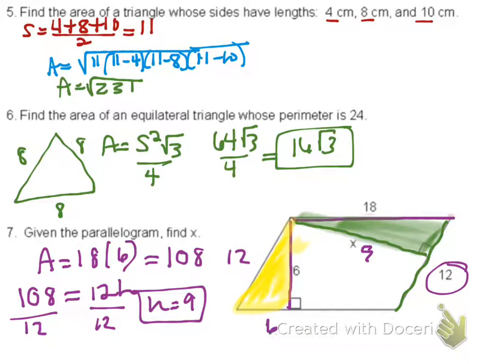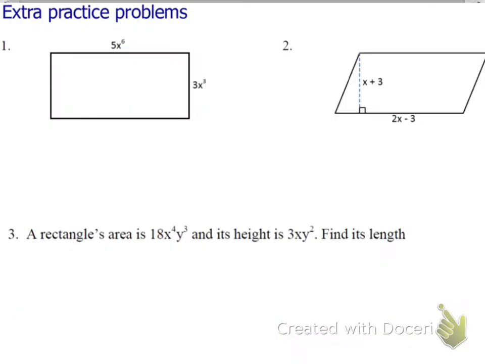So I could say 6 over 12 equals this height, which is 9, over 18. Sorry, it's not 9. We don't know that yet. It's x over 18. And then you cross multiply and divide, and you still get 9. So either way, similar triangles, or just use the formula again.